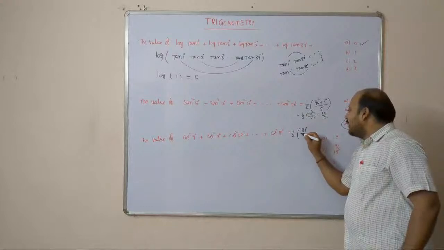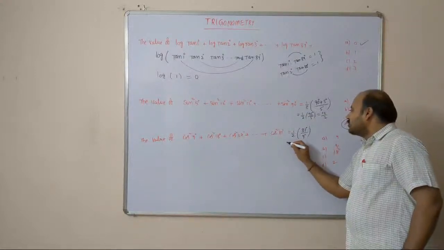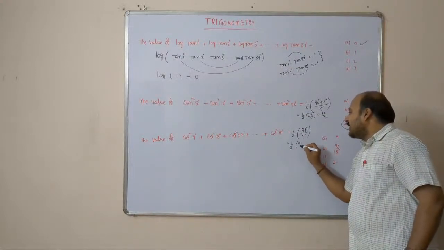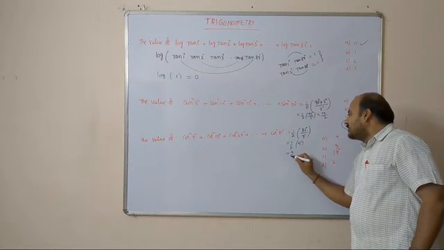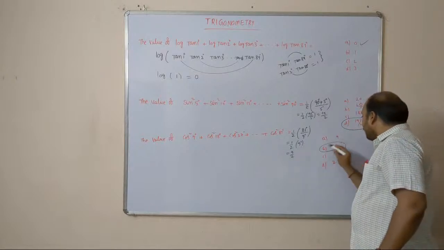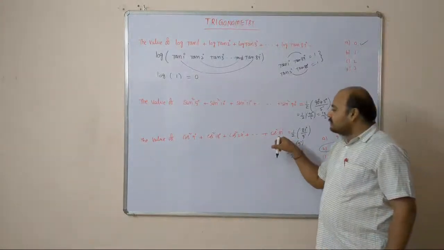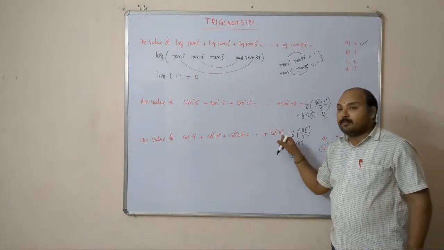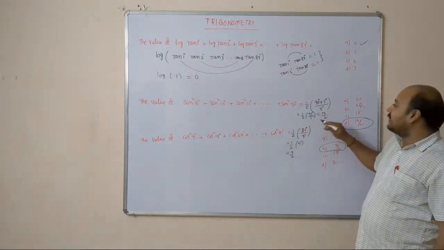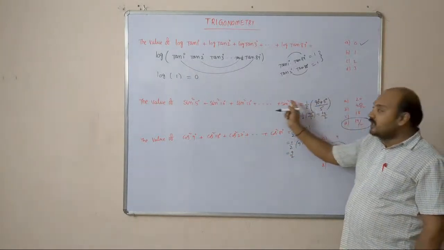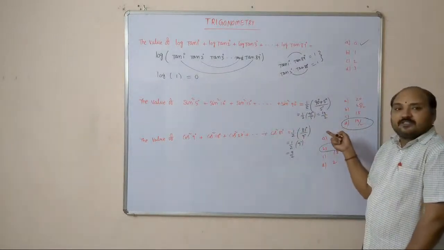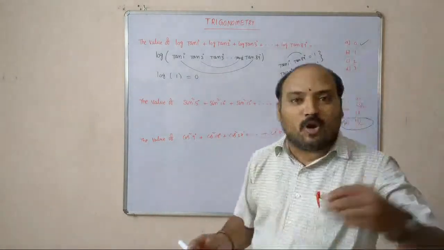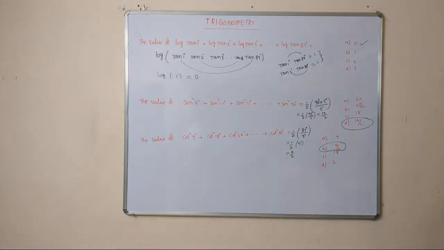Last angle is 81, difference angle is 9. So 1 by 2, 9. So 9 by 2 is the answer. When cos comes, 1 by 2, last degree by difference of the degree. When sine comes, last degree plus difference of the angle by difference of the angle. I hope you understand. We'll move on to another set of questions.